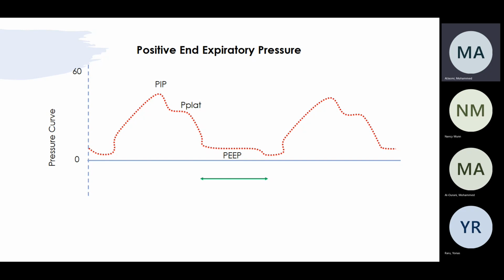Let's say PEEP is 5, so you will go back to Dr. Jasmine and say, hey, this patient is on a PEEP of 5. Okay. So yes, from 0 to this level should be 5. Is that right? Okay. Katie, what do you think?